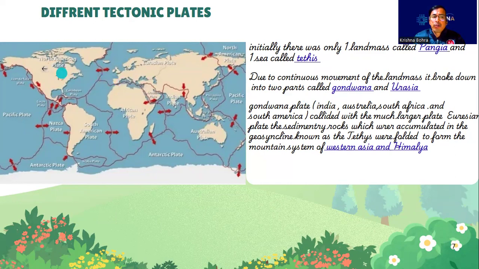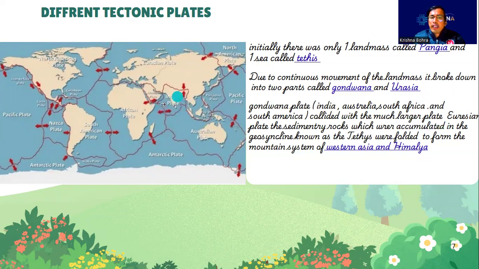You can look at some of the major plates like the North American plate, South American plate, Eurasian plate, Indo-Australian plate, African plate over here, and Antarctic plate over there. These are the seven major tectonic plates, and you can also find some minor tectonic plates like the Arabian plate, Caribbean plate, Nazca plate, Philippines plate, Caucasus plate, Juan de Fuca plate, etc. in this map.